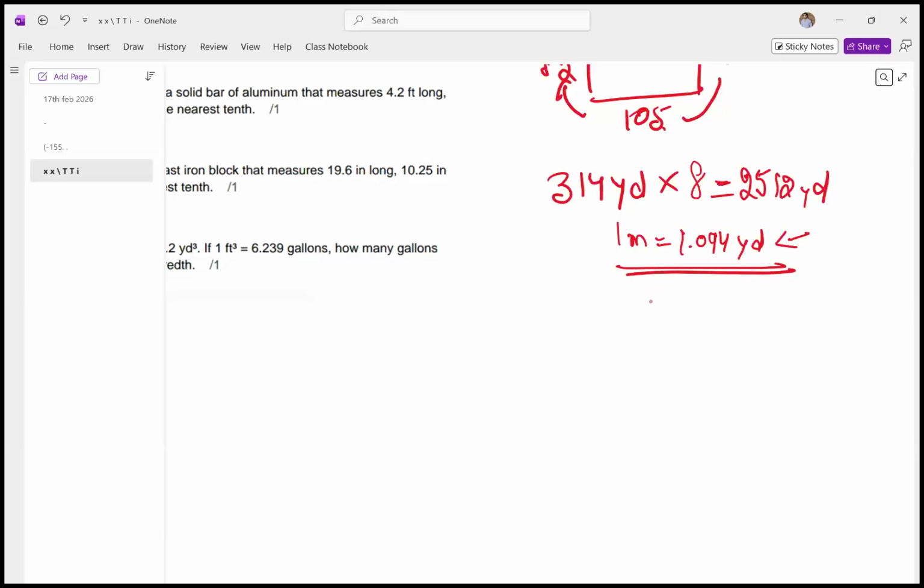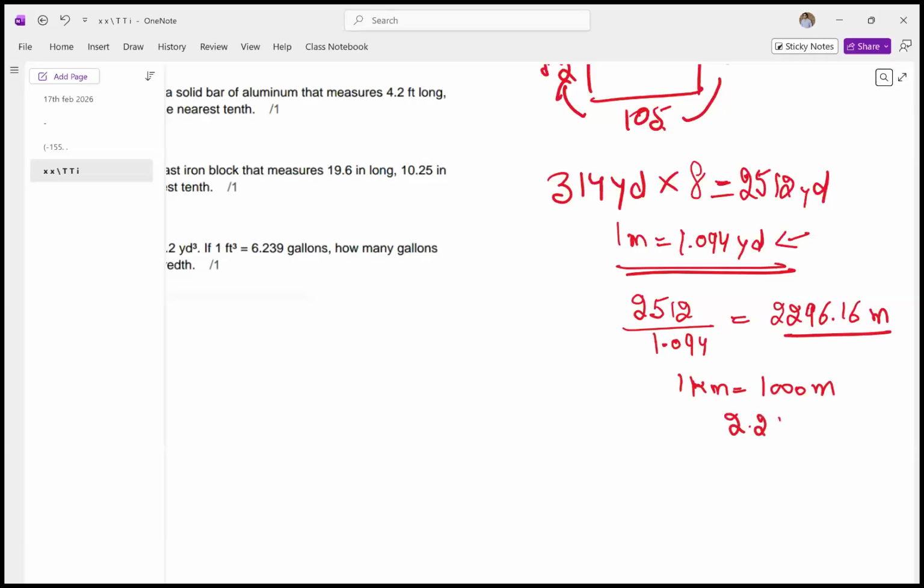So this one will be 2512 divided by 1.094, and this will be equal to 2296.16 meters, and then 1 kilometer equal to 1000 meters. So again I will convert this many meters into kilometers, so 2.29 kilometers will be my final answer.